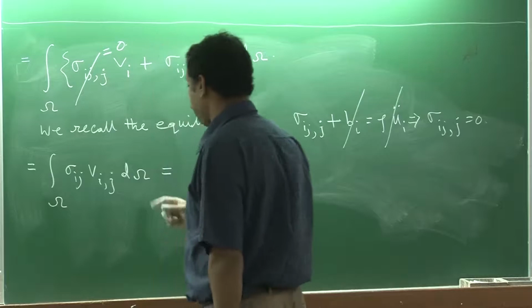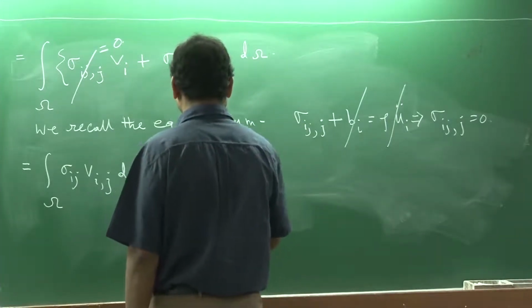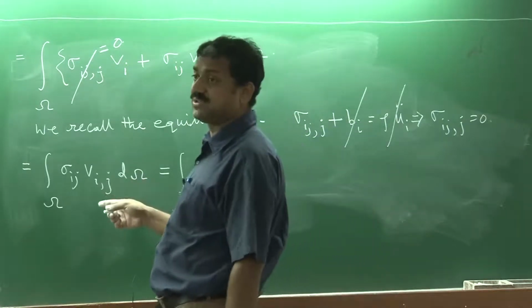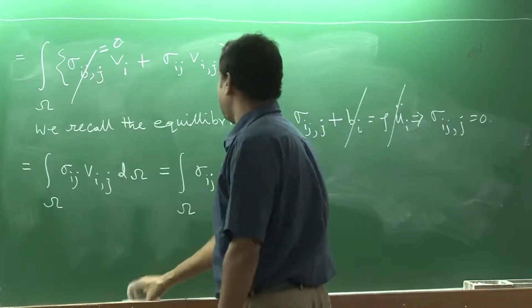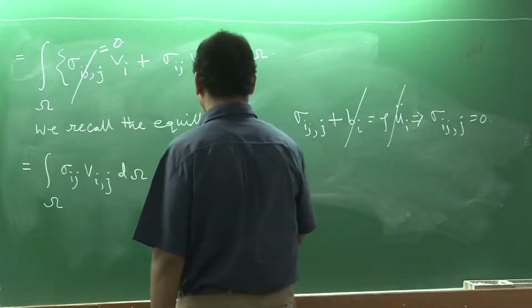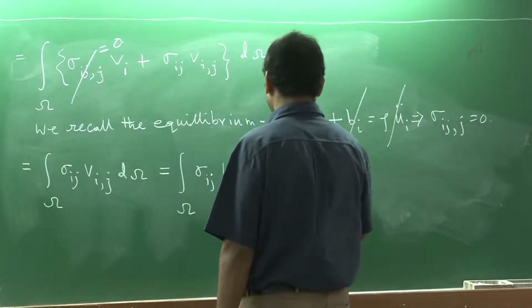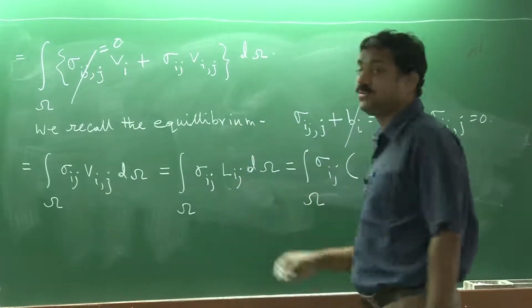Now, one more thing, if you recall, this I will write down v_i comma j. v_i comma j is nothing but the velocity gradient, right. We have denoted it as L_ij, if you can recall previously. We have seen how to decompose the velocity gradient.